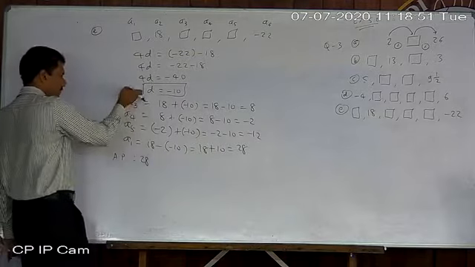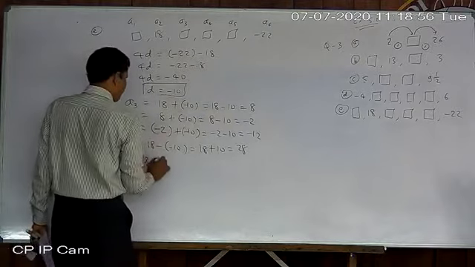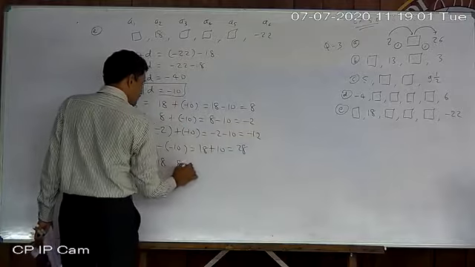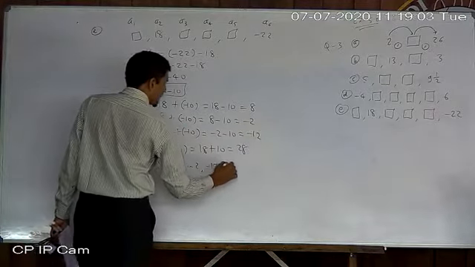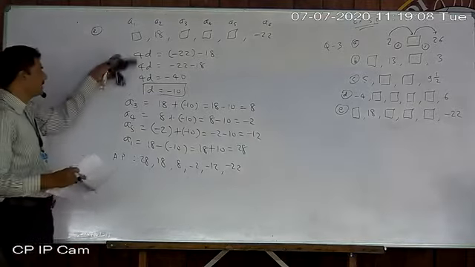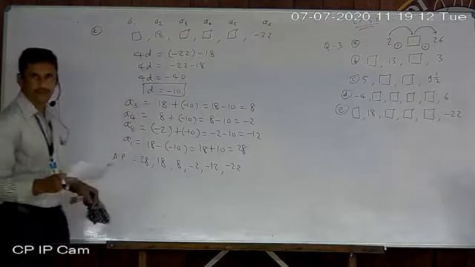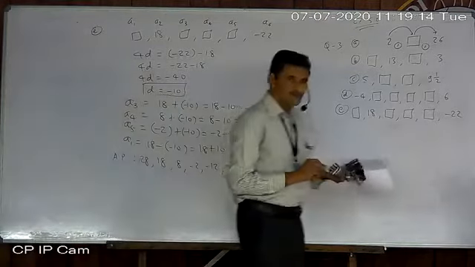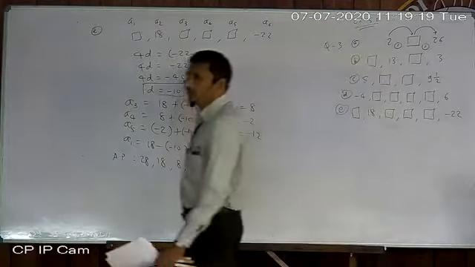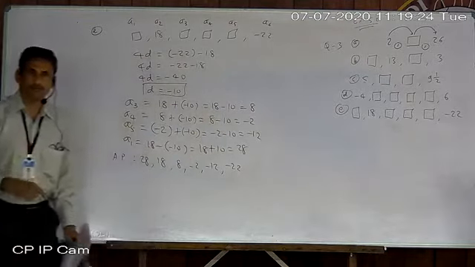Okay, if you want, you can write it first also. 28, then 18, then A2, A3, A4, A5: 8, minus 2, minus 12, and then minus 22. Okay, so very simply, after getting D only, you can go right side or left side from the given number. Okay, so I think you understand very well than yesterday, because after finding D only, we are just going ahead today.